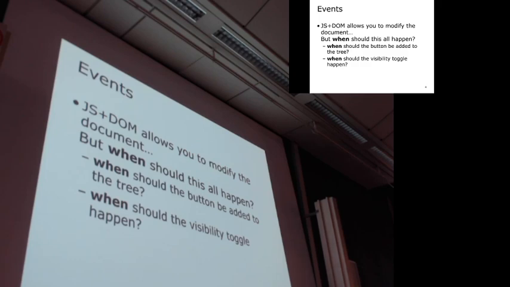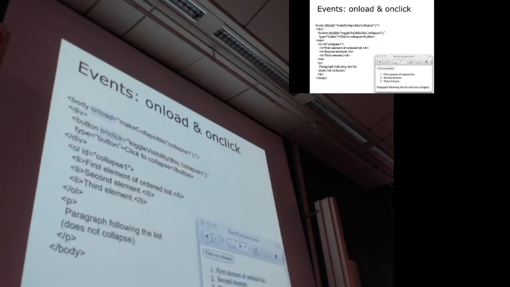For the button that should be added to the tree, we saw that we could not access this ordered list before the ordered list itself existed. So if you do this too early, then it will fail. And also this toggling thing, this function should of course only be called when people actually click on the button. So how to do that?